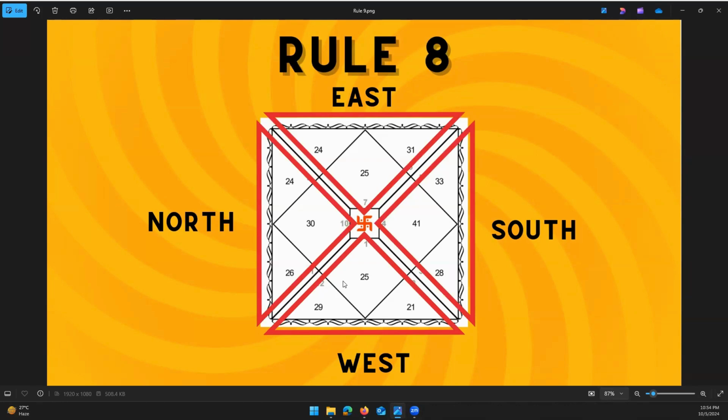So based on that, you've also taken the adjacent houses, which means the 12th house and the 2nd house is also considered as in the eastern direction, and 3rd house, 4th house, and 5th house is considered as the north house. So any planet in these 3 houses will be considered in the north side, or they will indicate the north side. Similarly for west and the south directions also.